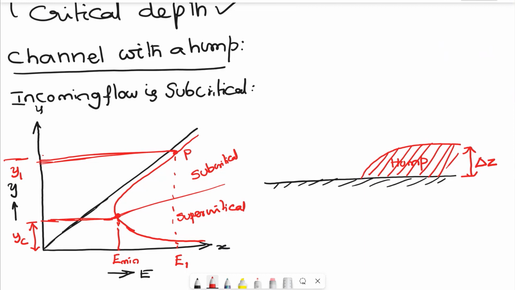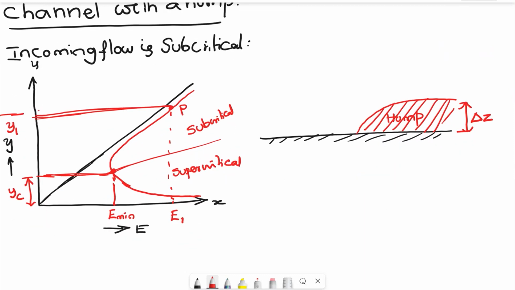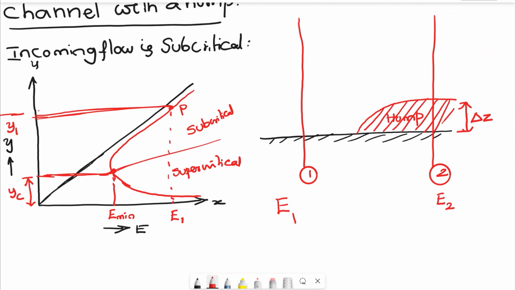Now, there is no loss of energy from the beginning onto the hump. But what will happen because of this hump? If I take the specific energy at the initial section, section 1, and section 2: at section 1 we call it E1 specific energy, at section 2 E2.